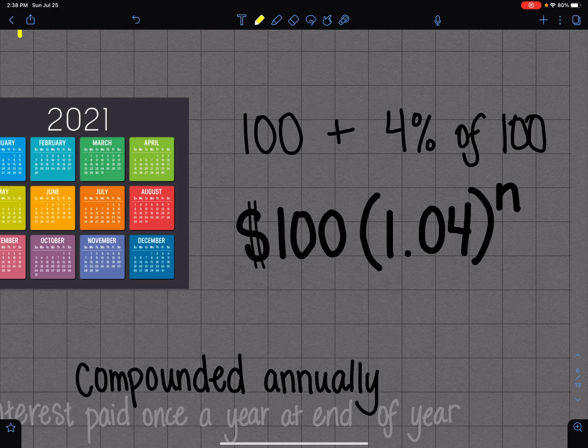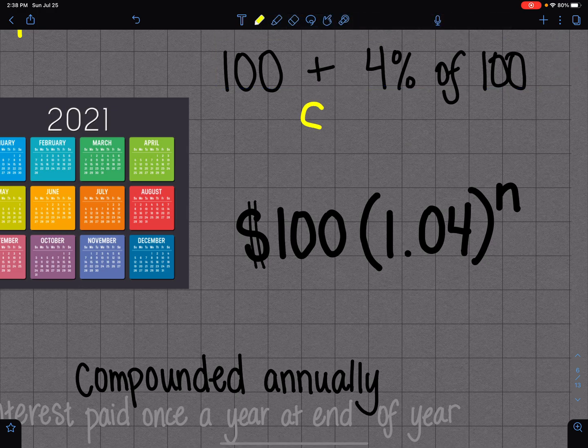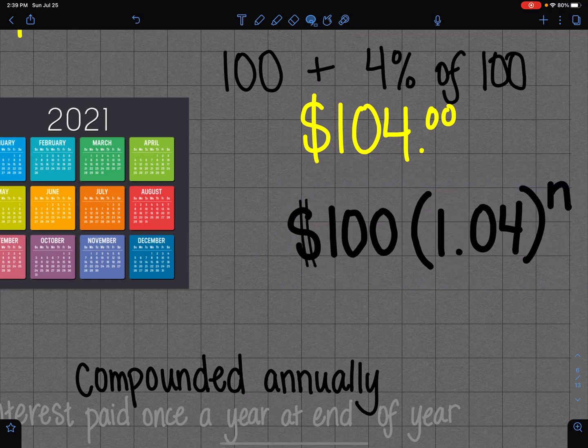Okay, let me move this up. You're going to end up getting $104. Now, there's a way that you can write this, and this is using that exponential growth equation. So, let me make sure that you can see it. This is usually, so it was RT before.